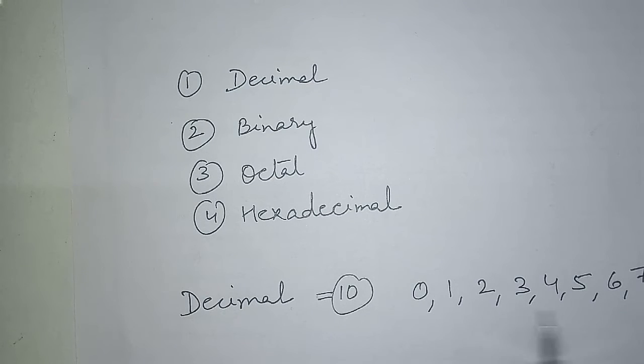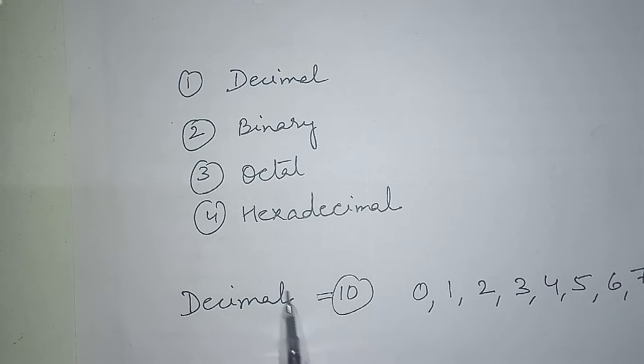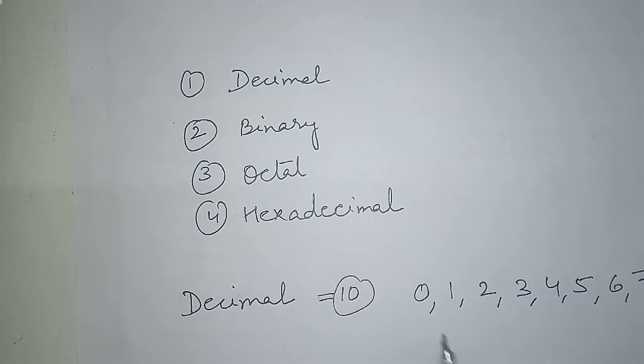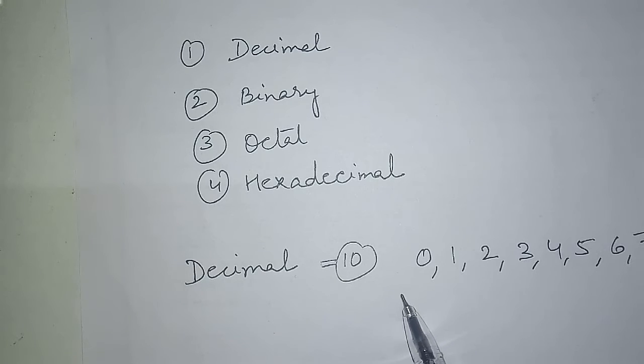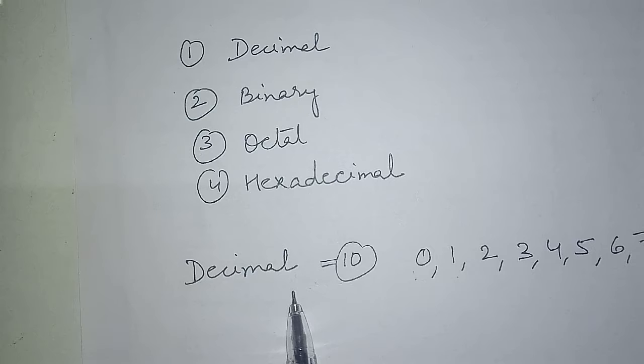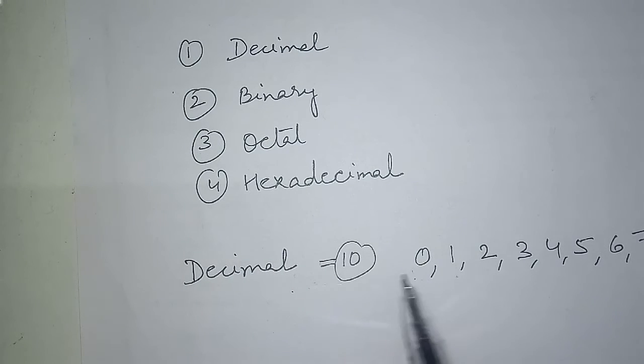These 10 symbols make the numbers which belong to the decimal number system. The decimal number system is also called the base 10 system, because it depends upon the 10 symbols which make all the numbers used in this number system. So the base of the decimal number system is 10.